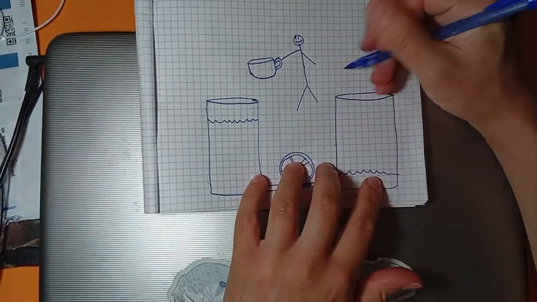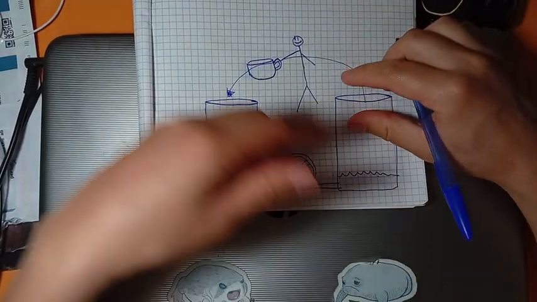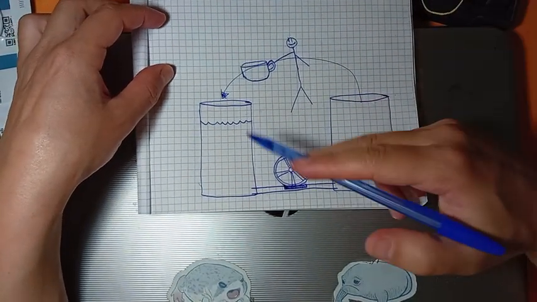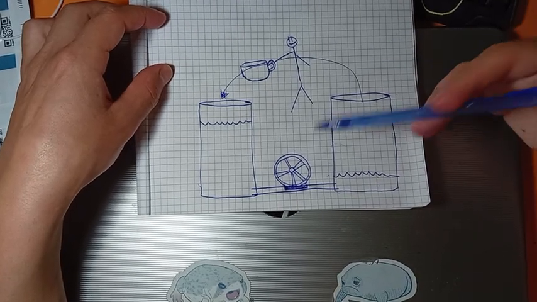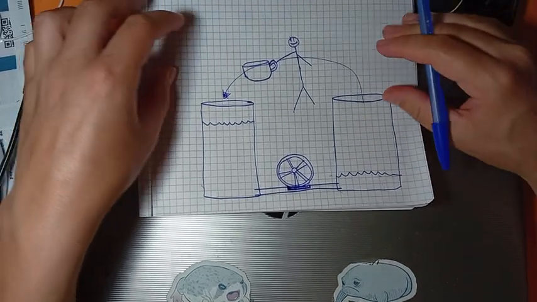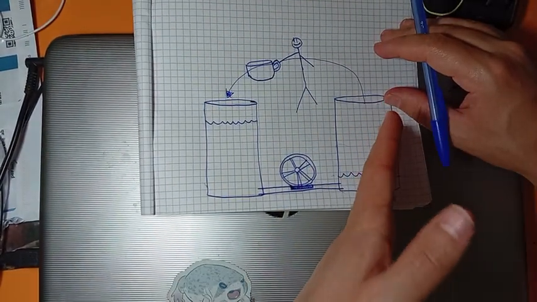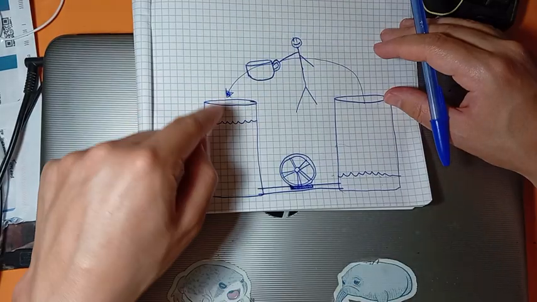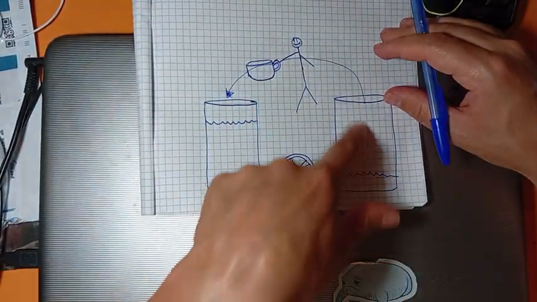In this way, what this person is doing is keeping this difference of potential existing, keeping this difference of potential alive. As long as he keeps this difference of potential alive, taking water from here and putting it here, water will keep moving in this way.